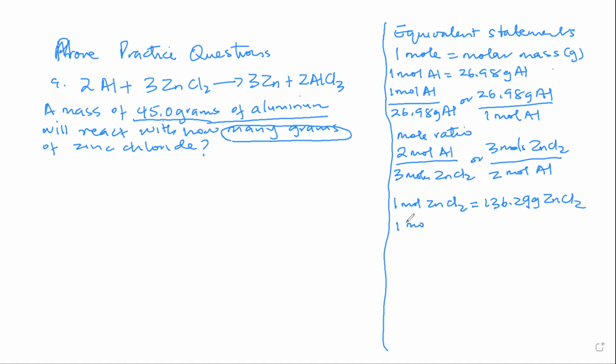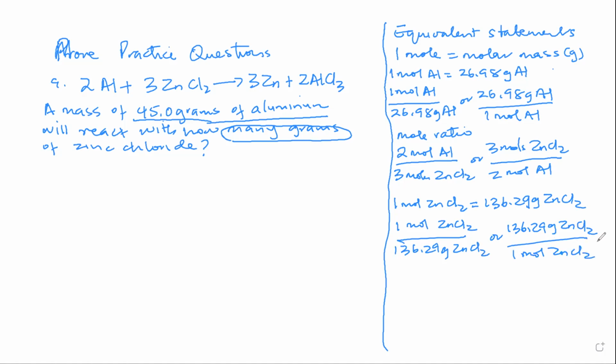So we put it in fraction form: 136.29 grams of zinc chloride over 1 mole of zinc chloride.